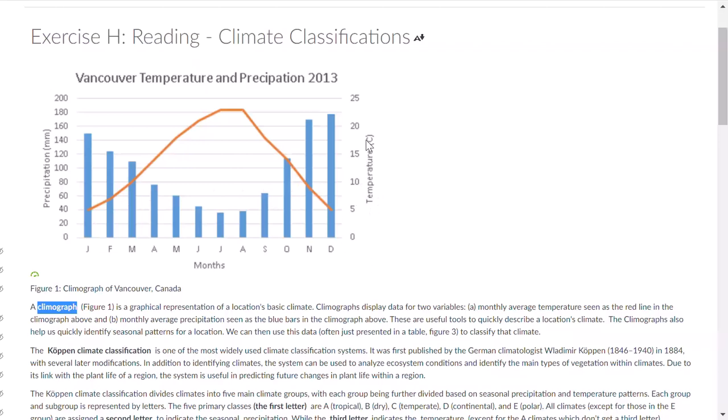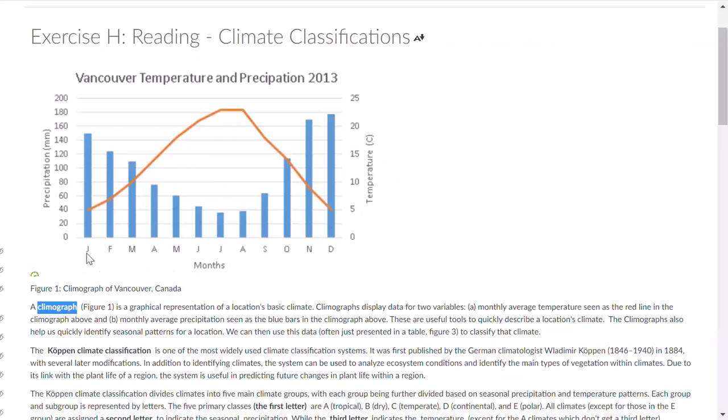We can see the temperature in Celsius. Some graphs may have this in Fahrenheit, so you definitely want to pay attention to this. And we can see the different months that exist. And so based off of where this location is, we're going to be able to determine how much rain is falling every month, as well as what the temperature is on a monthly basis, right?